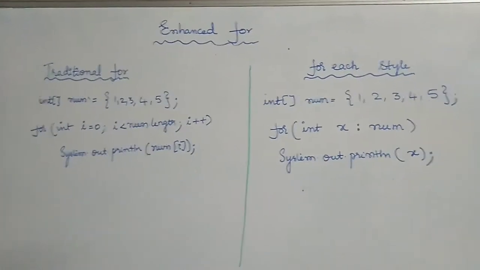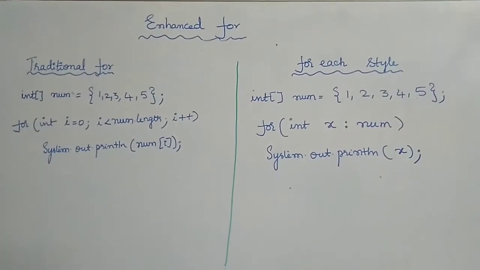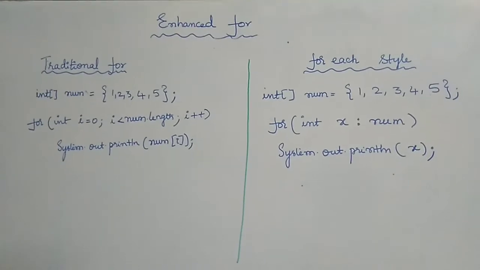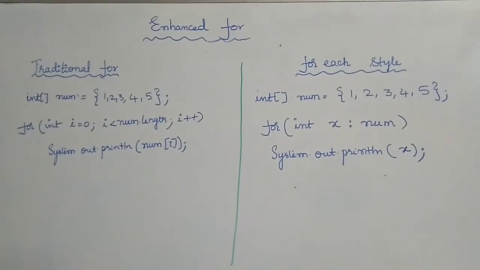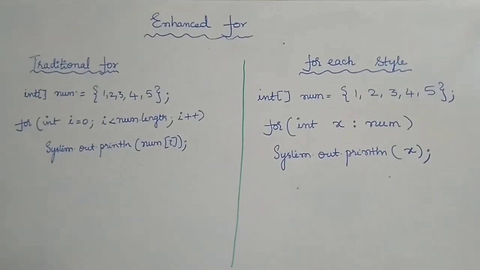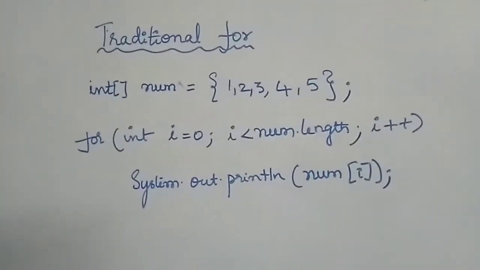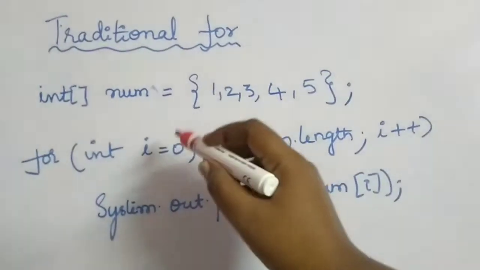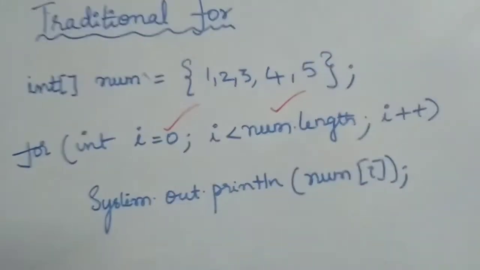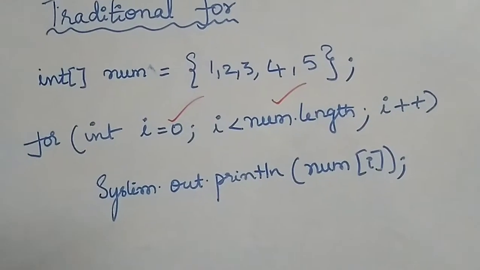Let us compare traditional for with for each while accessing the elements of an array. You can observe that the for-each style is simpler compared to the traditional for. The difficulty you face in the traditional for is that you need to be very careful with the initialization and the starting and ending indexes.